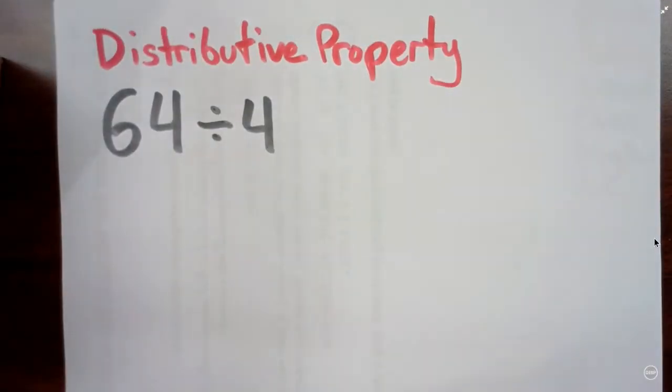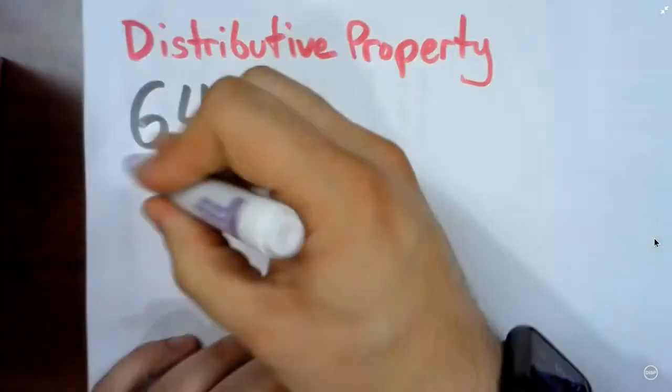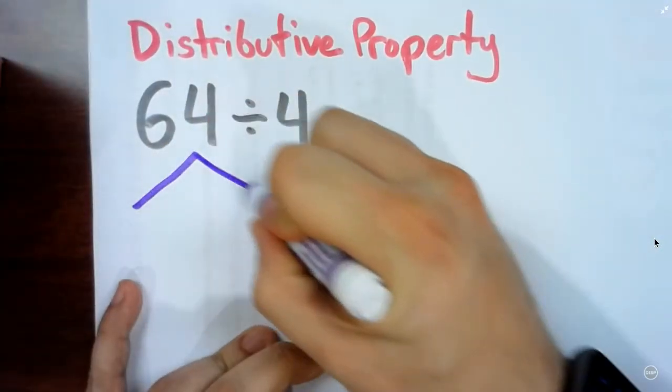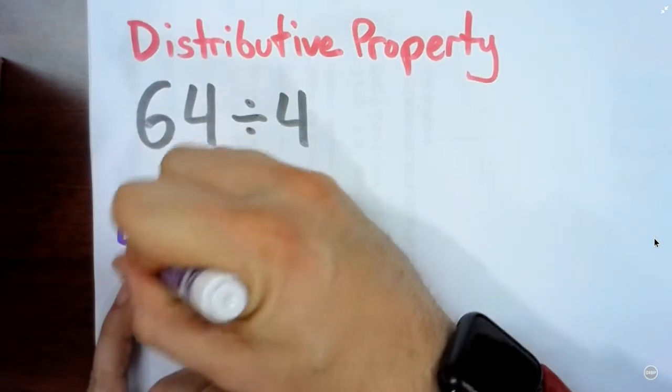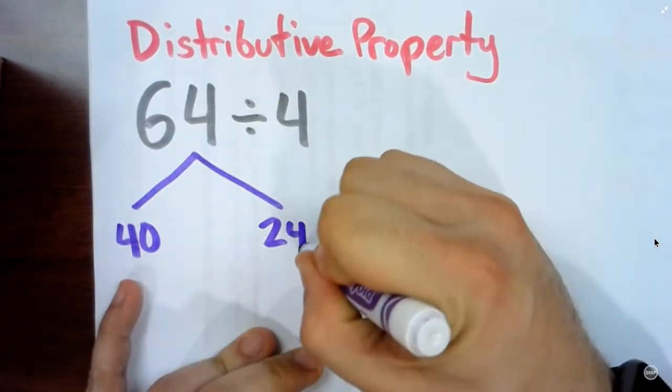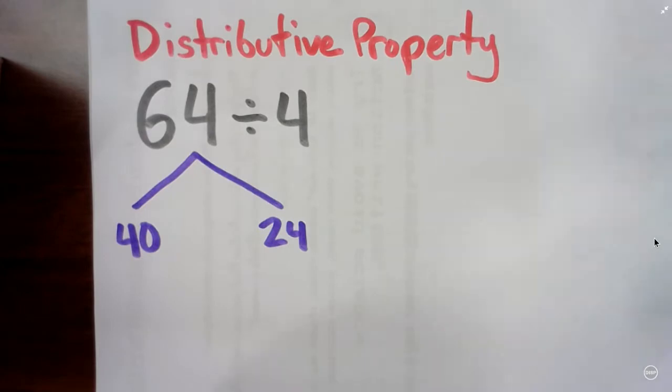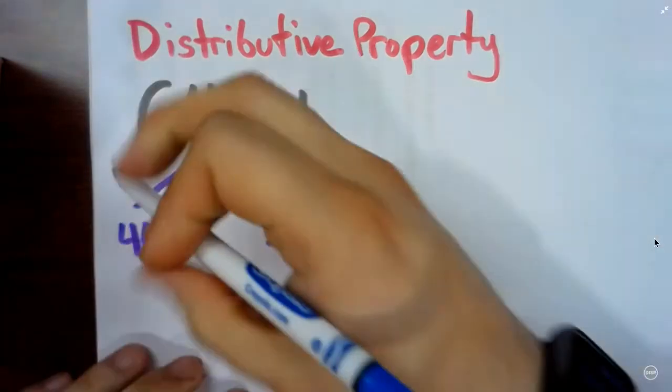Similarly here, I have 64 divided by 4. Now I'm using the distributive property for division. So let's tackle this one. Let's say I have 64 divided by 4. I'm going to decompose 64. And I'm going to get 40 and 24 because those are a lot easier for me to work with. I can divide each of those by 4 a little bit more easily.